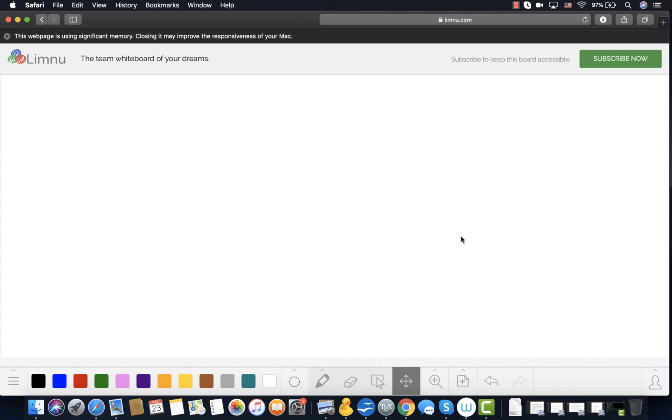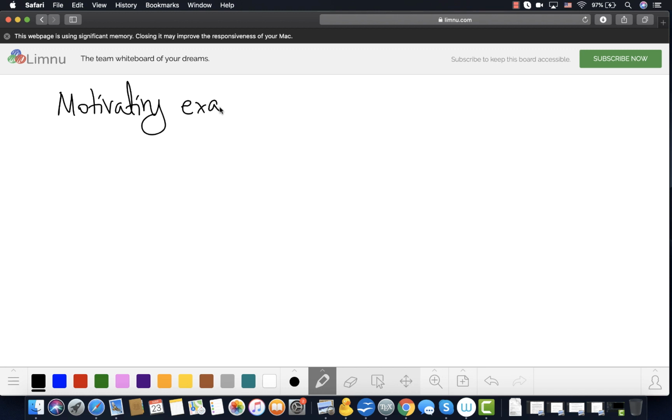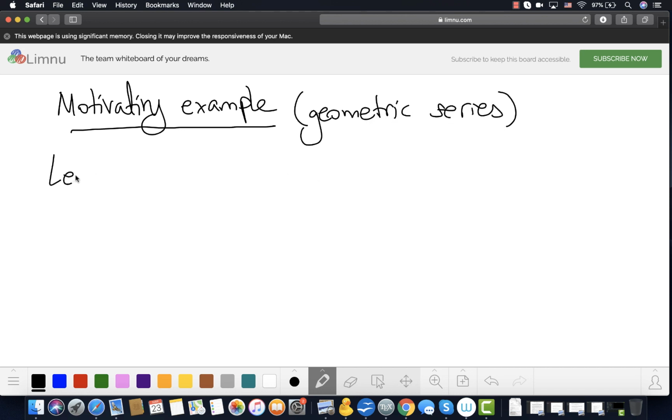So maybe we should give an example to help illustrate what it really means to add infinitely many numbers. And I think the first motivating example is the one of geometric series. Okay, so how does this example work? Let's consider the infinite series given by sum i goes from 1 to infinity of 1/2 to the power of i.